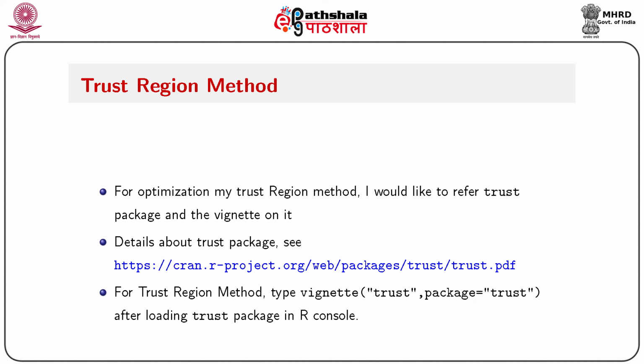You just click over there, you will enter that website and get this PDF file. The PDF file gives you all the details of the implementation of the trust region method in R. Hope that will help you to understand or learn the trust region method. I am not discussing much over here.